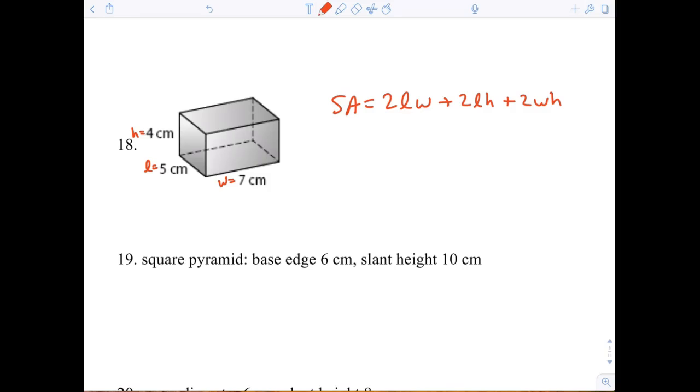So it doesn't matter where you put the numbers. All right? So again, surface area is equal to 2 times 5 times 7 plus 2 times 5 times 4 plus 2 times 7 times 4. Surface area is equal to. Whoa. Come on, type it in. Let's go.